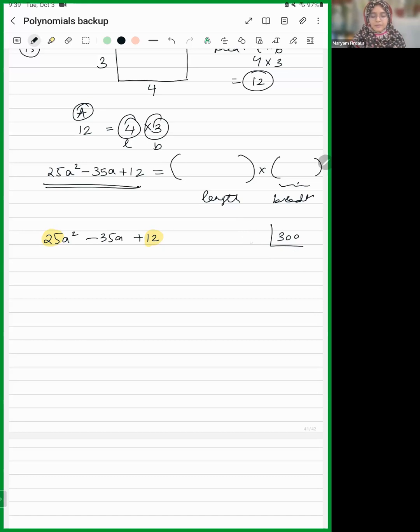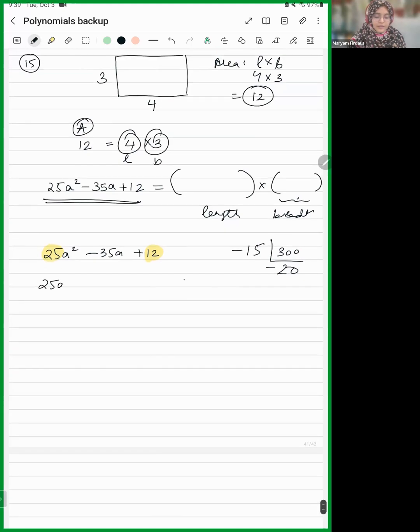You have 50 into 6, but that is also not going to give us 35. How about 15 into 20? 15 into 20 is 300, and 15 plus 20 is 35. Because here we have minus 35, we can write this as 25a square minus 15a minus 20a plus 12.